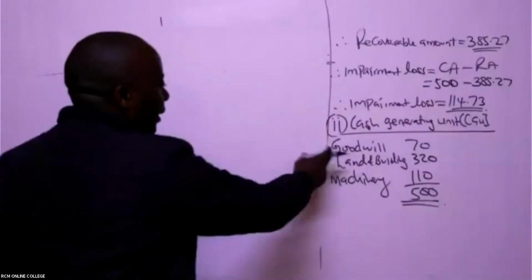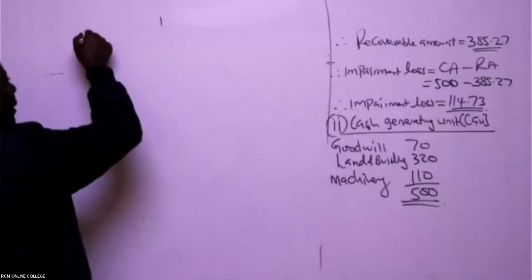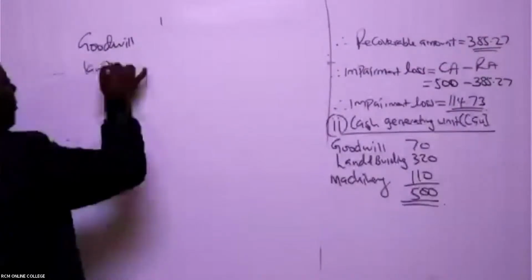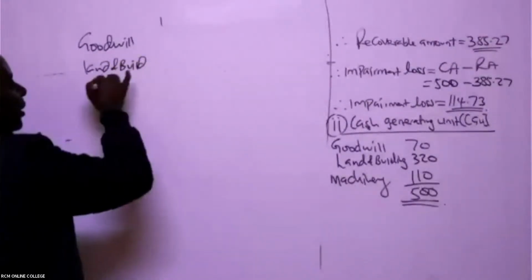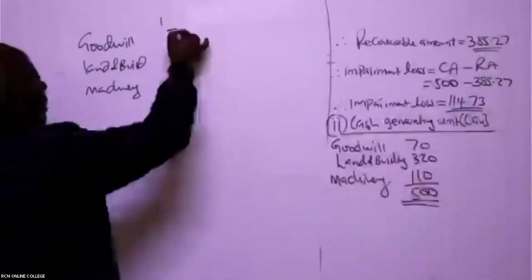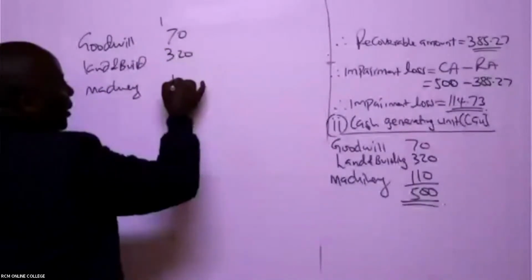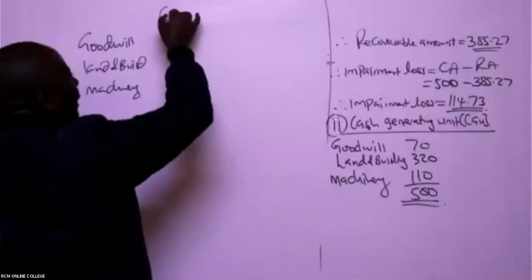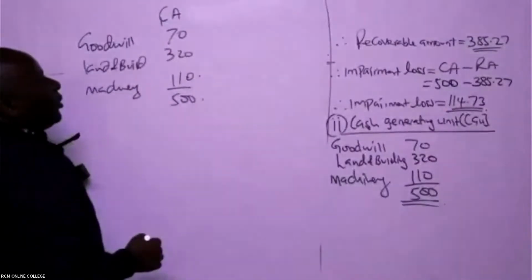Allow me to write this here. So we have goodwill, land and buildings, machinery. So this is 70, 320, 110, giving 500. Remember, these are the carrying amounts.